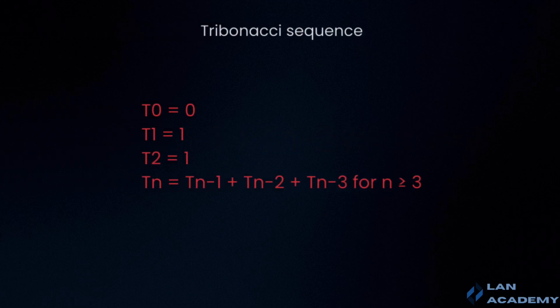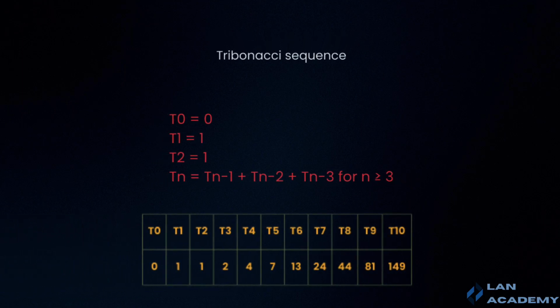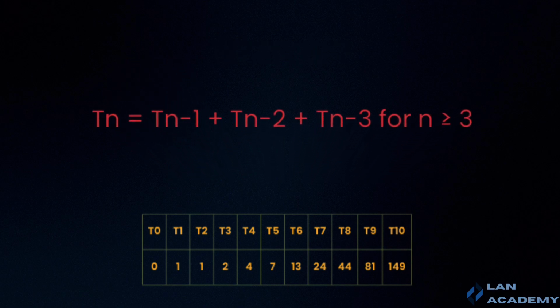The Tribonacci sequence, on the other hand, is defined by the following rules. t0 equals 0, t1 equals 1, t2 equals 1, and tn equals tn minus 1 plus tn minus 2 plus tn minus 3 for any n greater than or equal to 3. Thus, in the Tribonacci sequence, each term is the sum of the three preceding terms. The sequence starts with 0, 1, 1 and continues with terms like 2, 4, 7, 13, and so on.